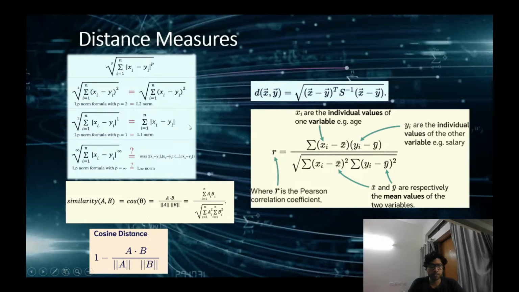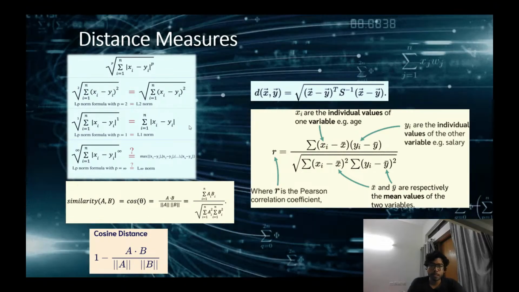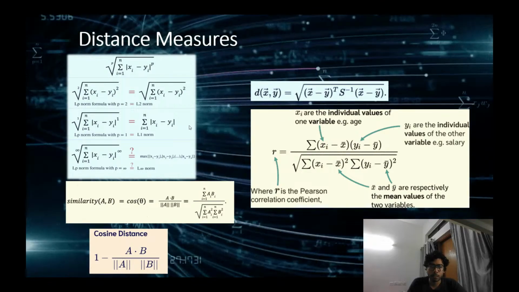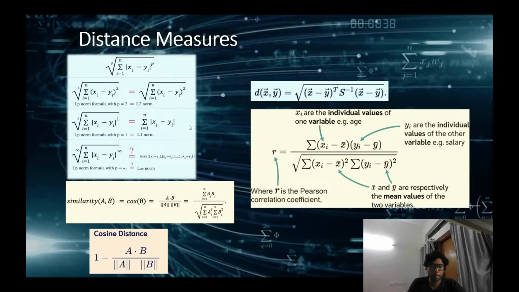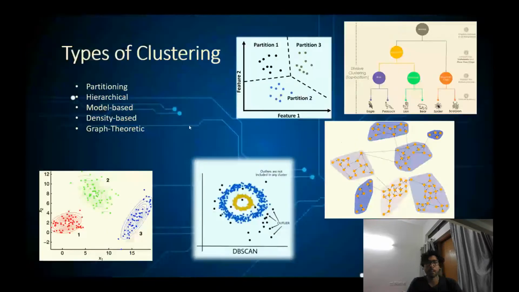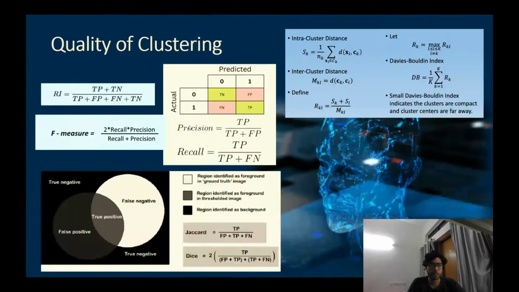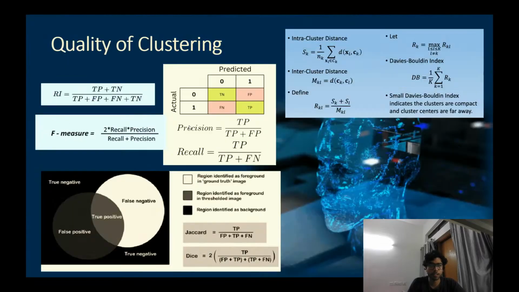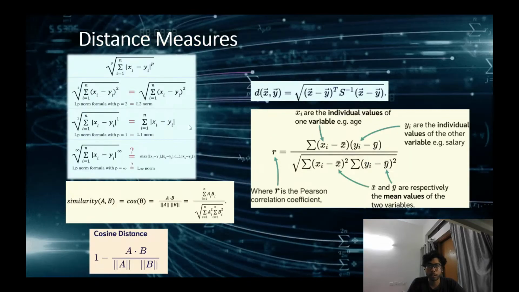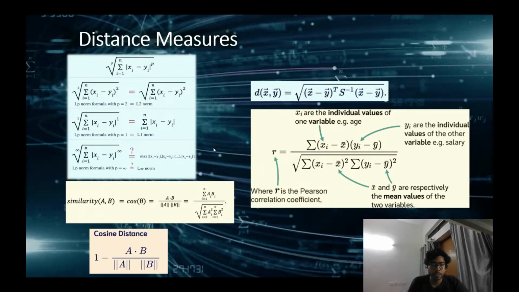Okay. So basically, what are these distance measures? Let me talk about k-means clustering first. Okay, before going into k-means, let me talk in general about distance measures. Why do we require these distance measures?